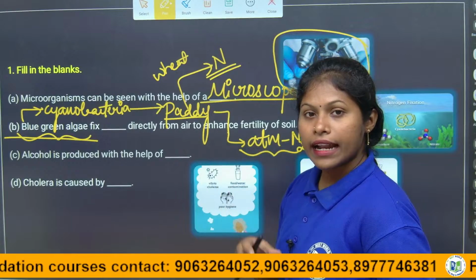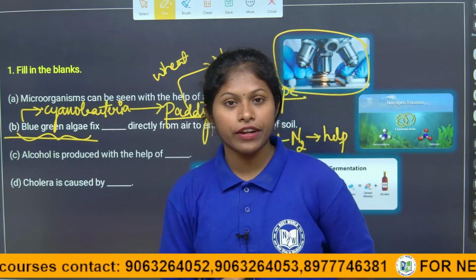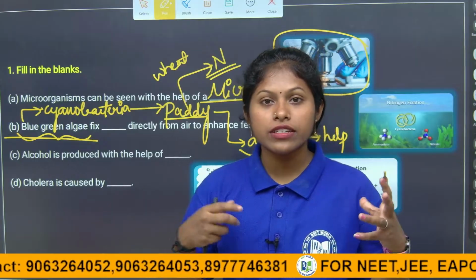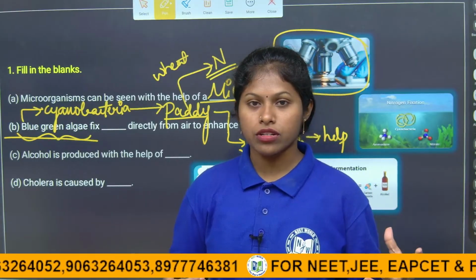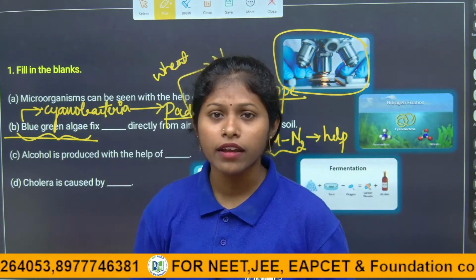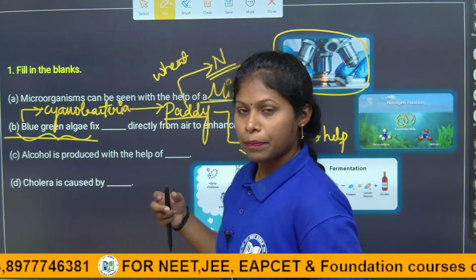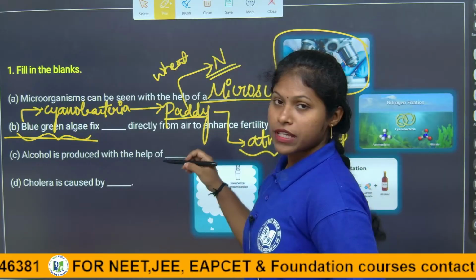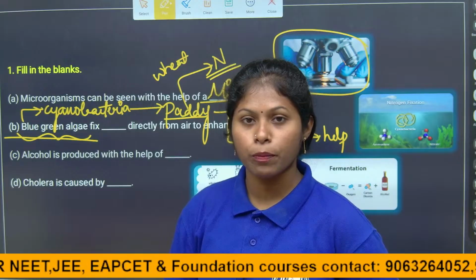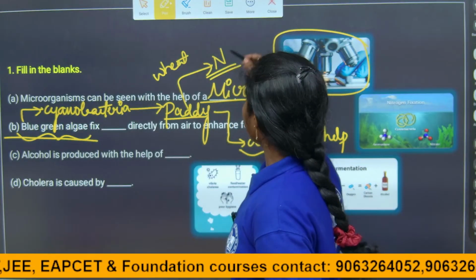The nitrogen required for itself it fixes, and the remaining is sent into the soil. Thereby the soil is rich in nitrogen, and the primary nutrient required for the plants will be taken by the plants. So by being taken up by the crops, there will be plenty of crop production.